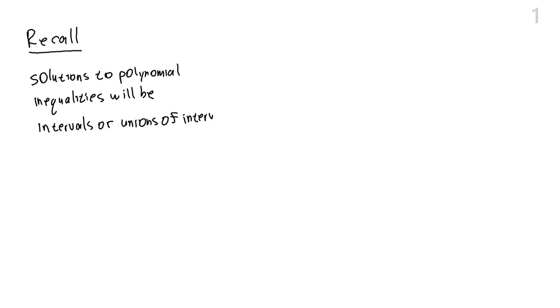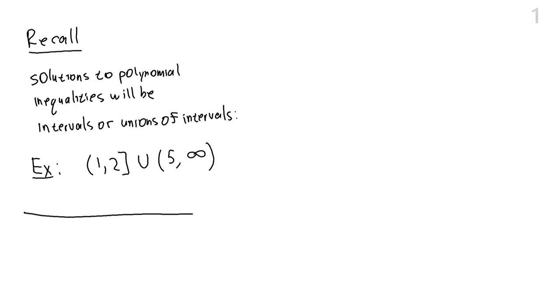An example of a union of intervals looks like this: 1 to 2, including 2, not including 1, union 5 to infinity. So this is a union of intervals.